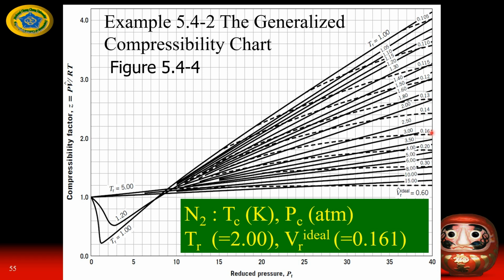Of course, it's very close. You don't need to get exactly the answer. 0.16 will be close to 0.161. So you just regard it as a dash line here. And what is that? 2.0 is here. So when you get this dash line, and then you get this solid line, you will get somewhere around here.